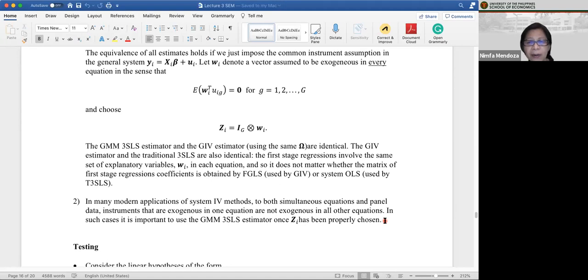If the set of instruments vary across equations, then you're better off using the GMM three-stage least squares estimator.